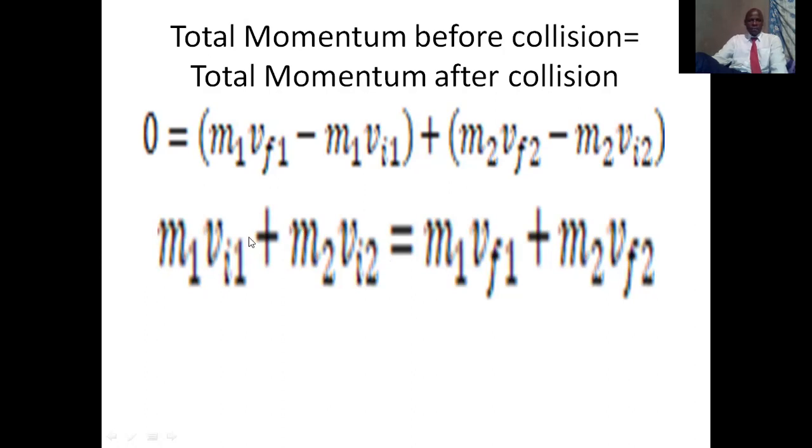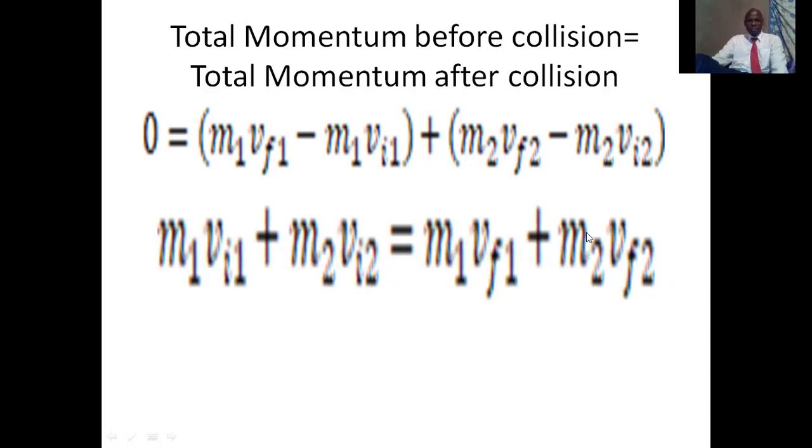So in other words, if two objects are interacting or collide, you get the momentum for this object before collision, add it to the momentum for the other object before it collides with the other one, and then you get the momentum after the object had hit the other one for mass 1.